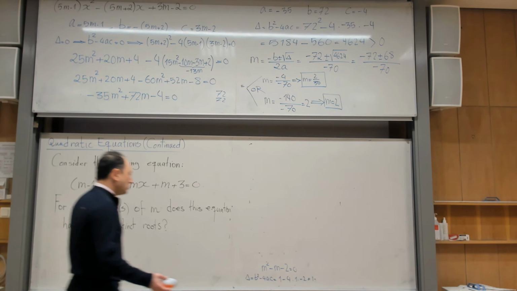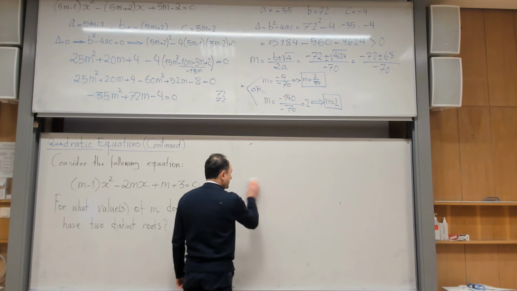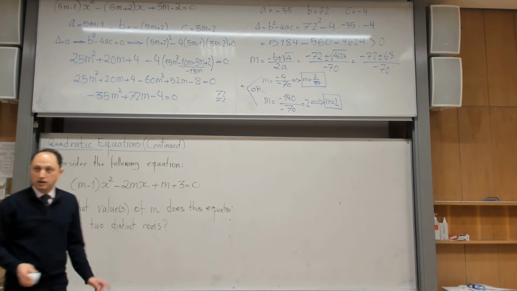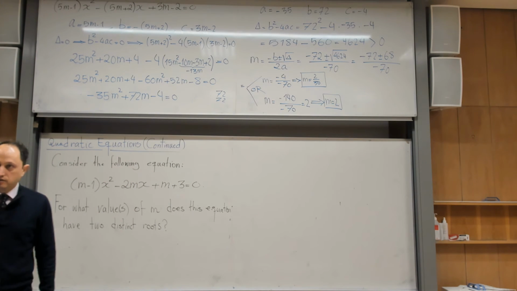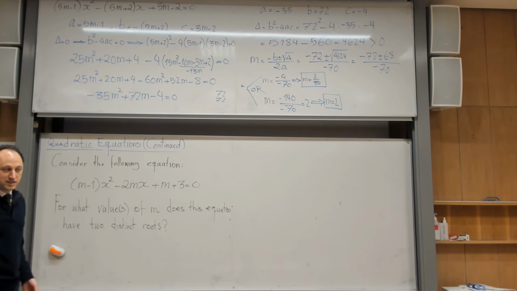So that's more or less the same problem; the only difference is that instead of putting delta equal to 0, you put delta greater than 0. Thank you very much. The details are more or less the same.